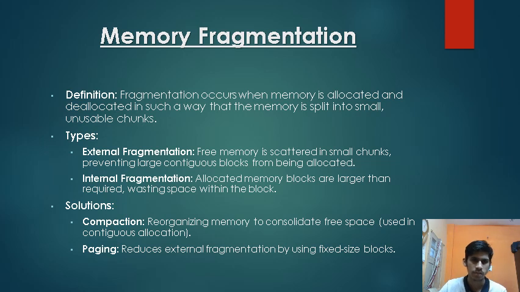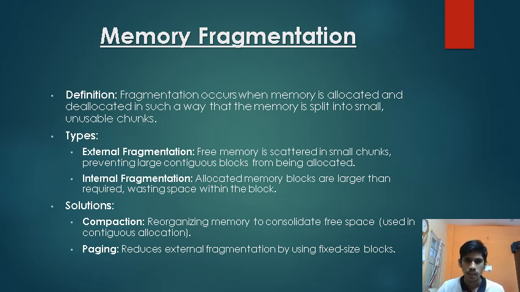Memory fragmentation definition. Fragmentation occurs when memory is allocated and deallocated in such a way that the memory is split into small unusable chunks. Types: external fragmentation.